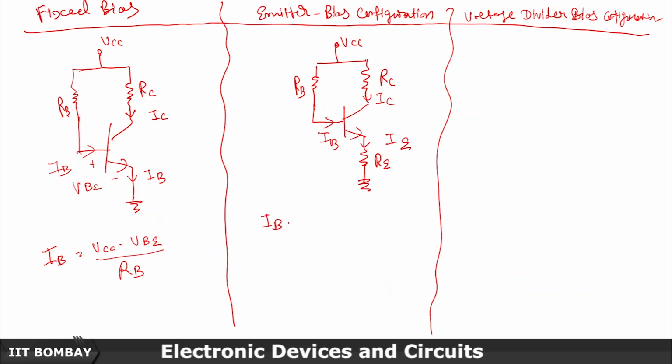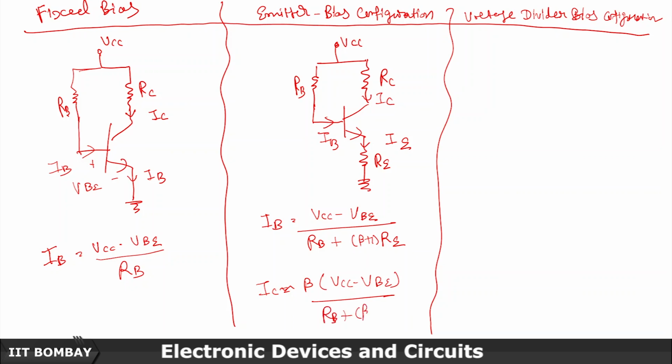Here IB comes out to be VCC minus VBE divided by RB plus (beta plus 1) RE, and IC is approximately, let's say, VCC minus VBE divided by RB plus (beta plus 1) RE.